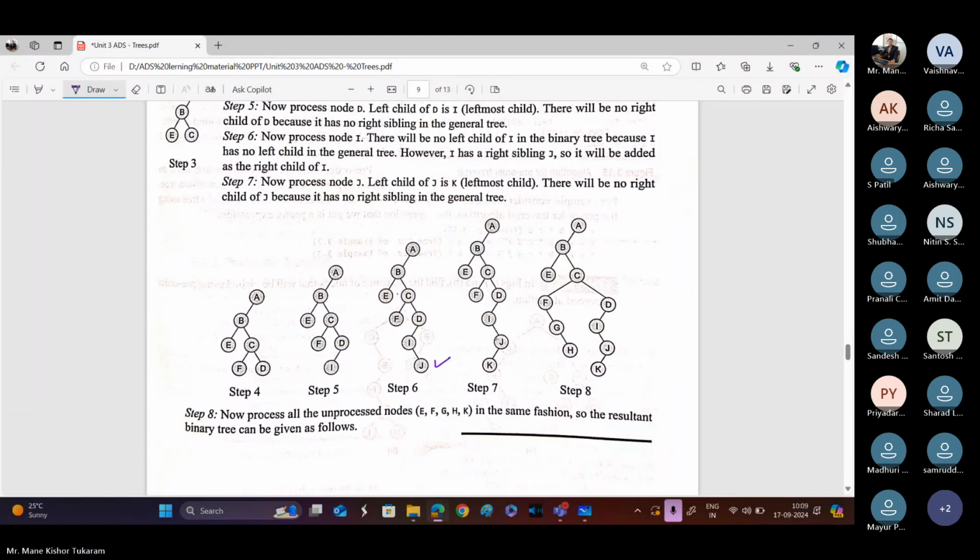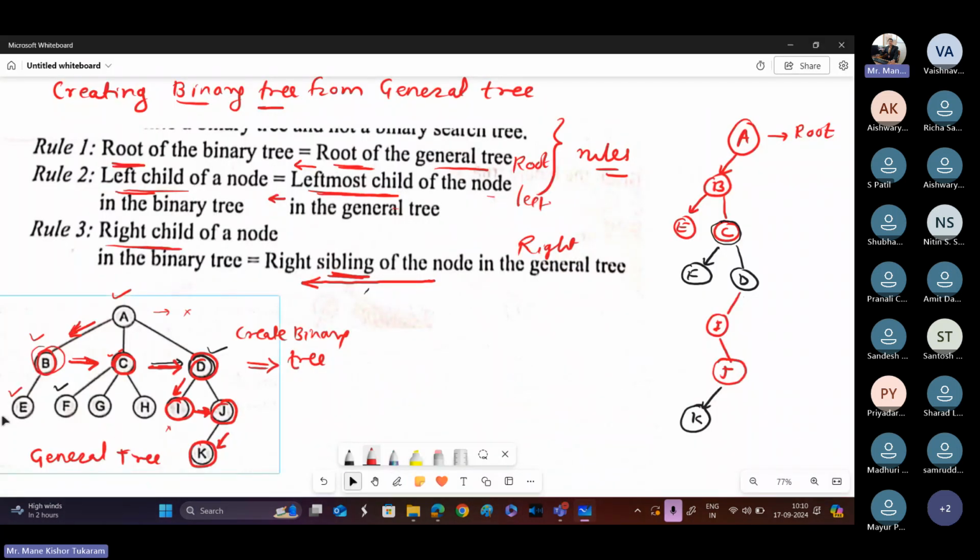Now we are going to the step 7. Now here inside the step 7, this G and H is available now, and which is unprocessed. Okay, so E is processed, then F is processed, then all other steps are processed, but here G and H is not processed.